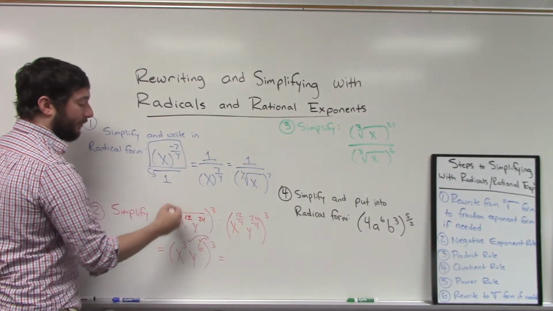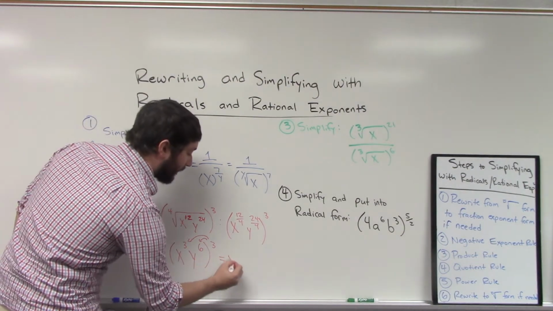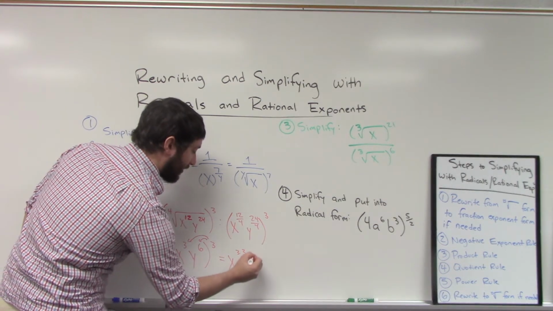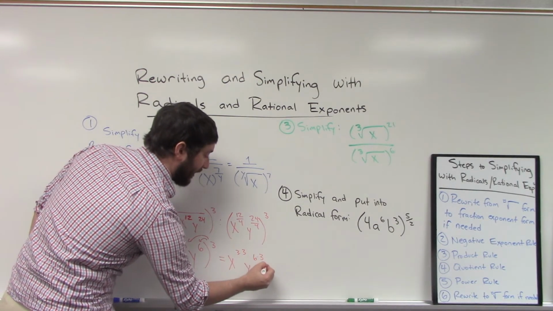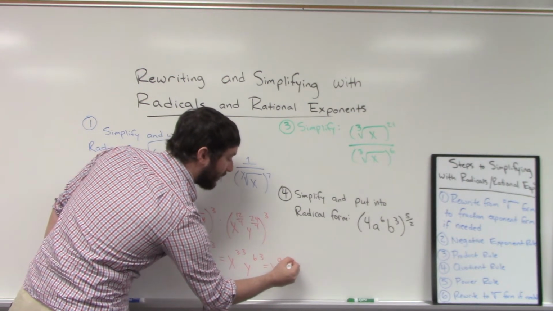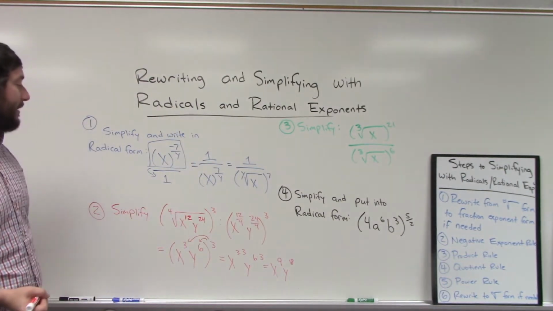Division for roots, multiplication for powers. So if you do 3 times 3, and 6 times 3, you should get a pretty simplified answer here. x to the 9th, y to the 18th. Did our problem ask us to write something back in radical form?